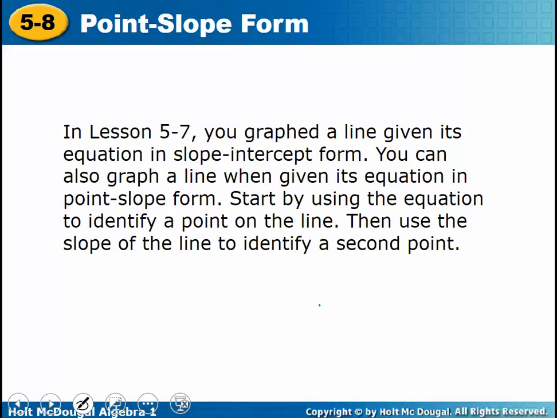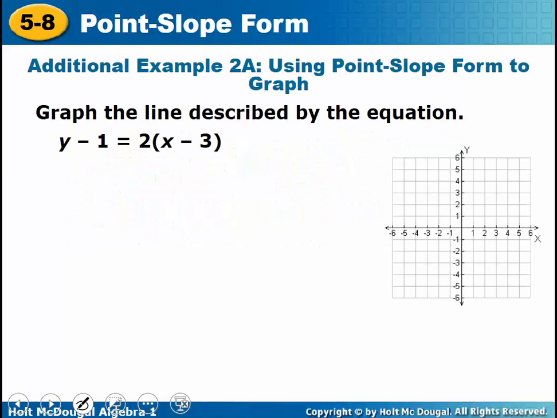We can also graph a line from point-slope form. You've already worked with graphing a line in slope-intercept form. It's very similar. We start by plotting the point that we're given, and then we find the slope from that point. So in this one here, this is in point-slope form, we know that this is the slope because it goes y minus y sub 1 equals m times x minus x sub 1, and m is the slope.